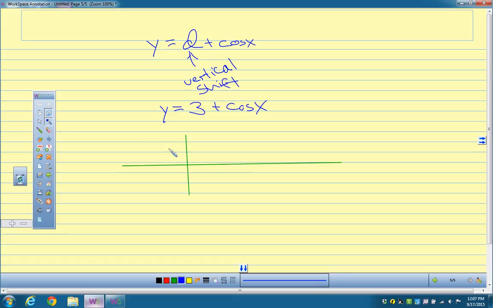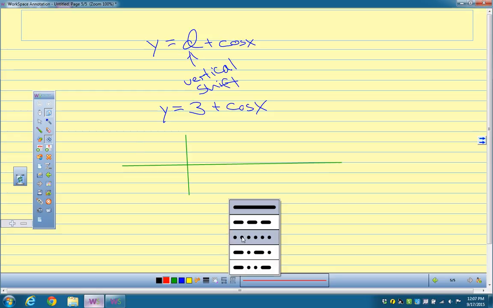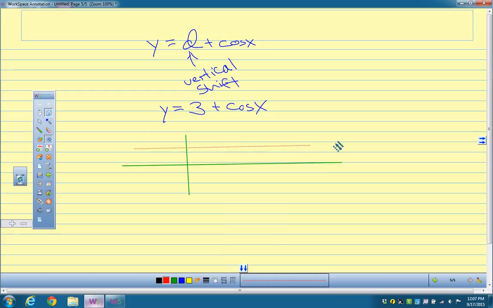I graph this thing, y equals 3, okay? I'm going to make that a dotted line, a red line going across. So this is the line y equals 3. And then how many units above 3 would that graph start?